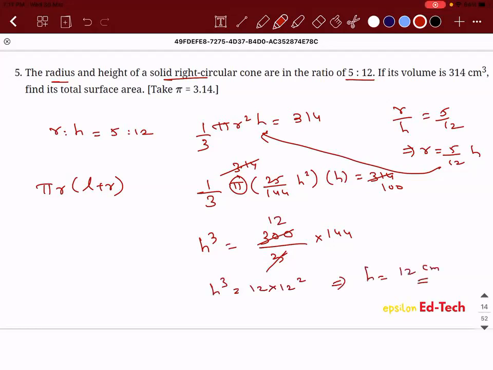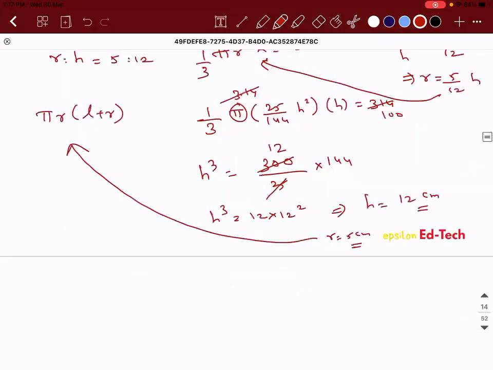So when height is 12 centimeter, radius will be 5 centimeter. Now you can take both these values and substitute it here. Pi R into L, where L is root of R square plus H square. So root of 12 square plus 5 square is 13, plus R is 5.